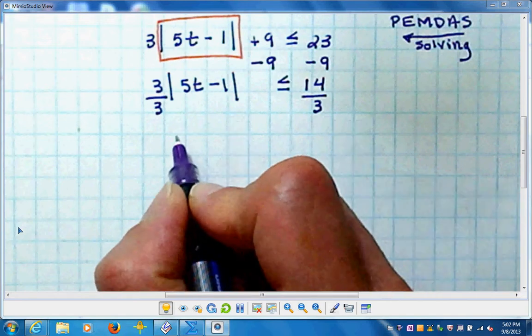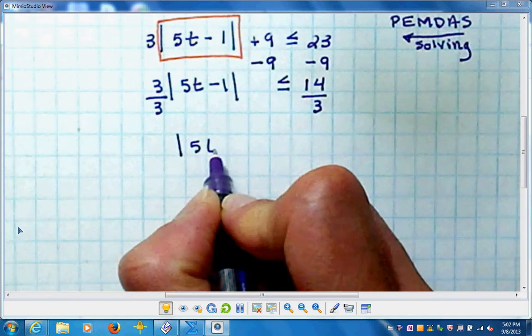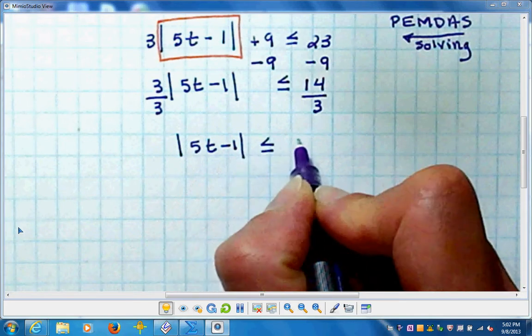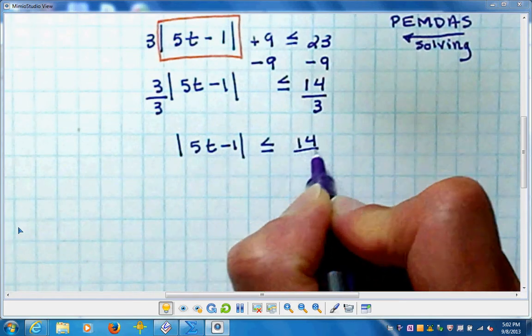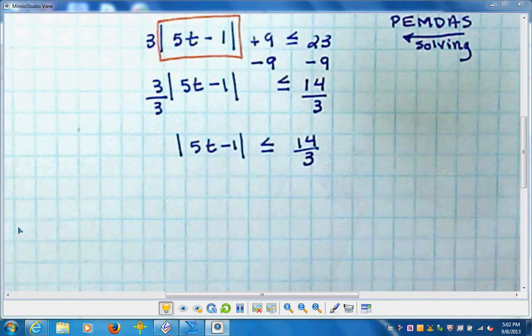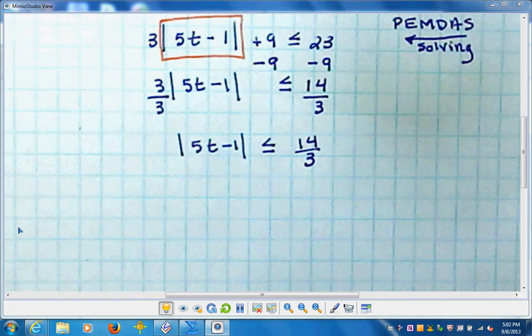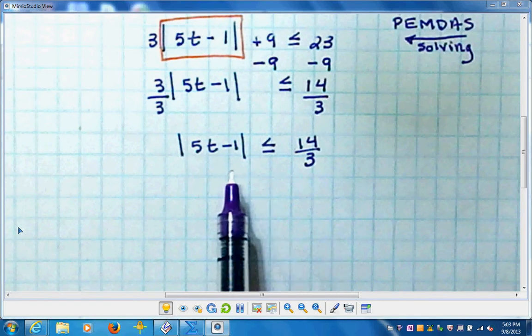So now I have the absolute value of 5t minus 1 is less than or equal to 14 thirds. Okay? These aren't very pretty numbers, but that's okay. I'm not going to worry about it. They're just a number like any other number. Now I have my absolute value by itself.